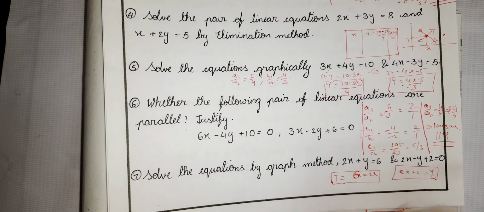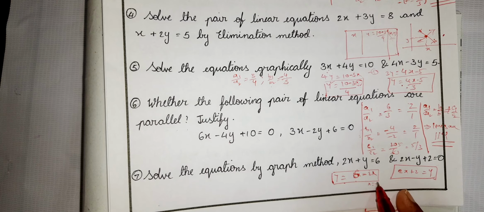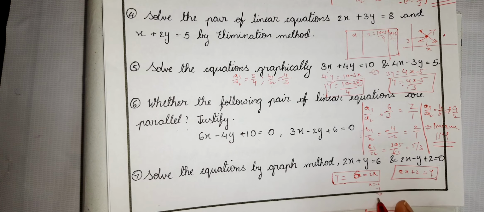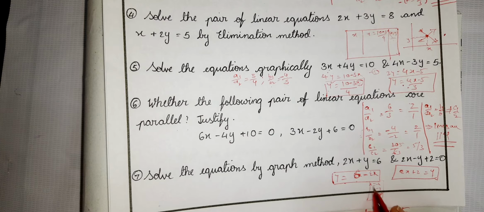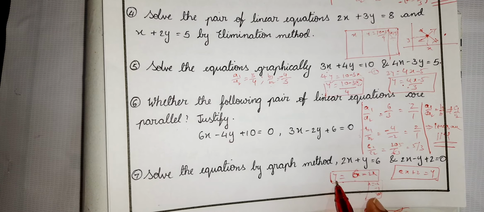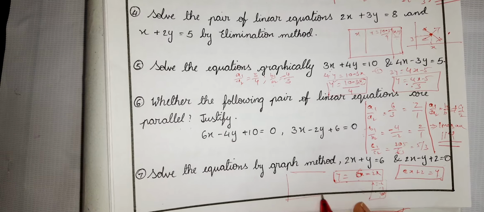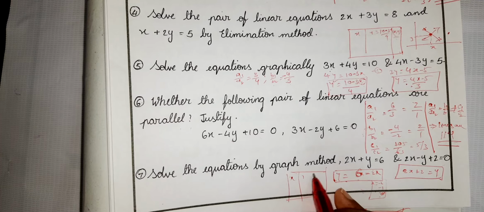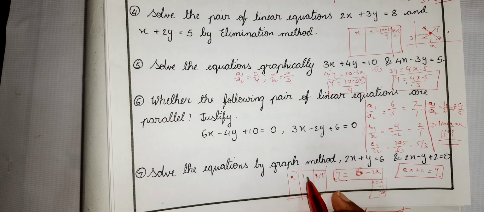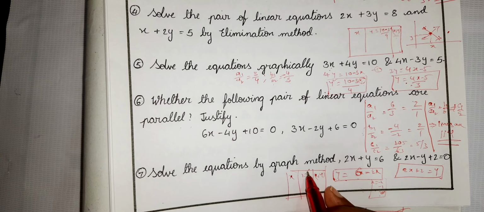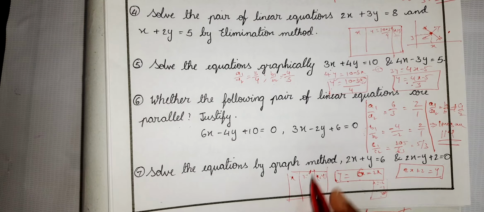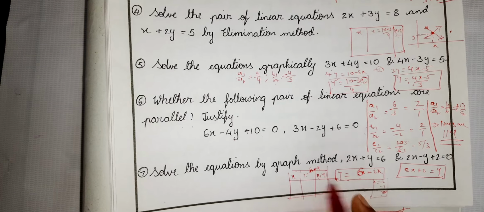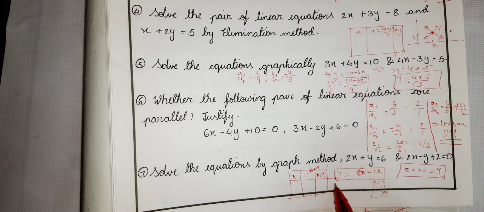Now from these equations, for x is equal to minus 2, minus 1, 0, like that, put different values of x, find respective y values and tabulate all the values like x, y and x comma y. Now these values you plot on the graph.